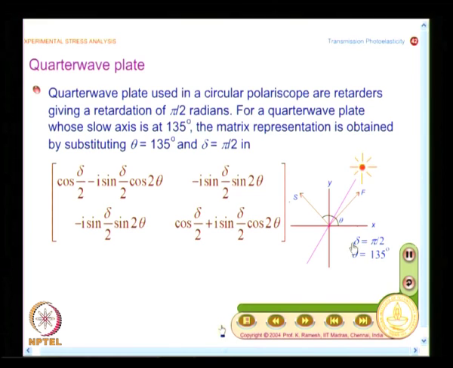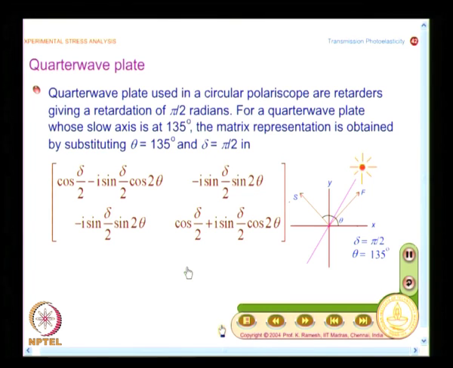So, when I substitute delta equal to pi by 2, theta equal to 135, you will get a very simple expression, and it really makes your life simple when you have to go and analyze a circular polariscope.